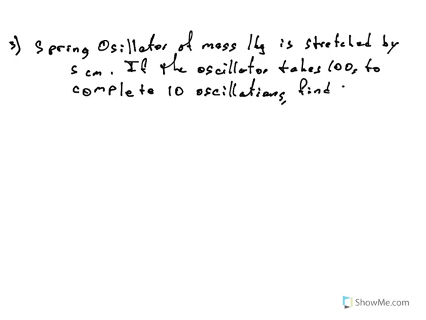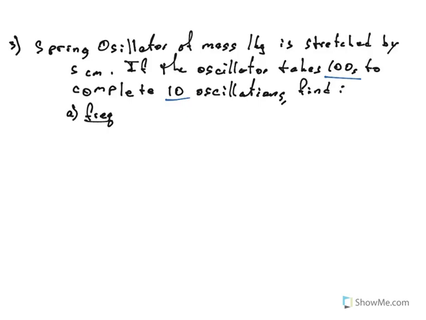We want to calculate a few things. So first, we want the frequency. All right, in order to get the frequency, what do I know? I'm told the oscillator takes 100 seconds to do 10 oscillations.